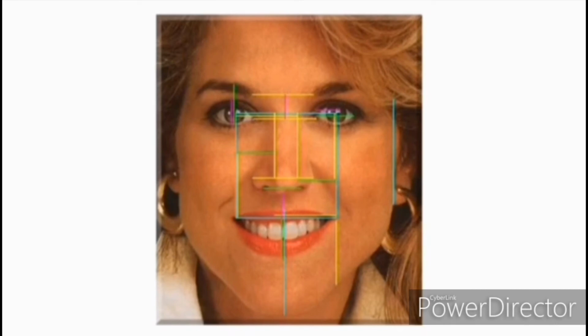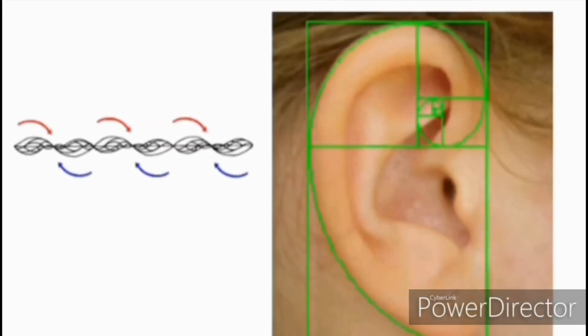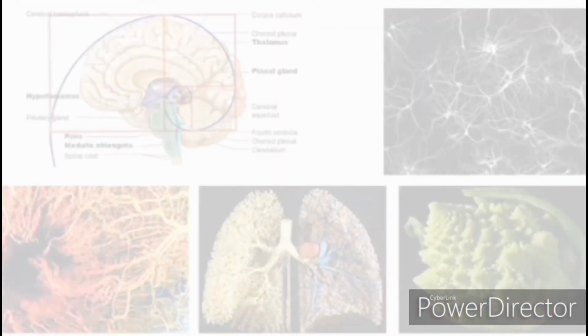The pupils of your eyes, you name it, your whole body is the symphony of the golden ratio. In fact, as you are listening to this video, the sound waves are passing through your ear in a perfect golden spiral.